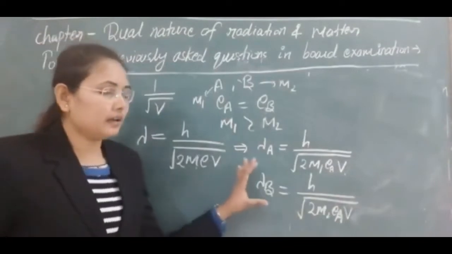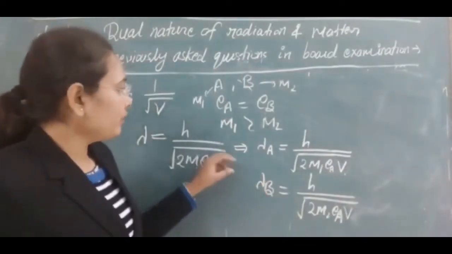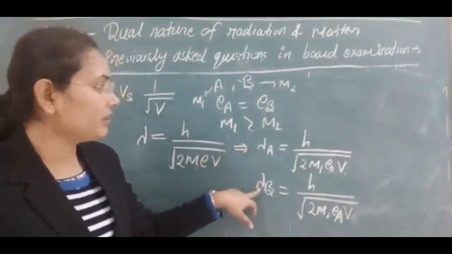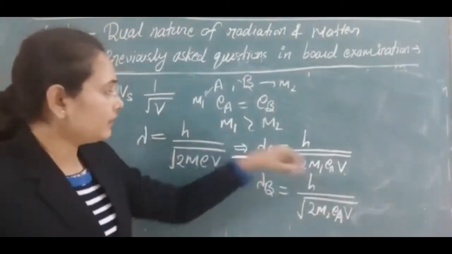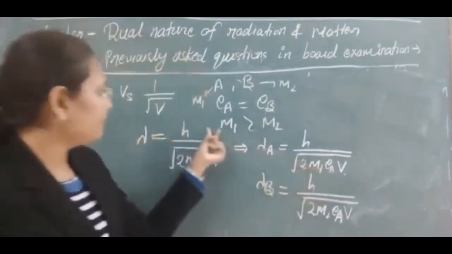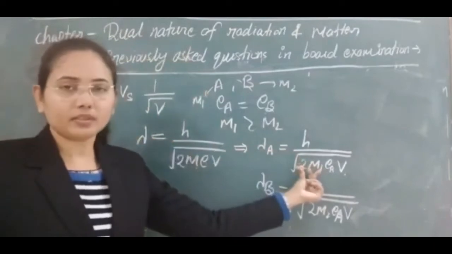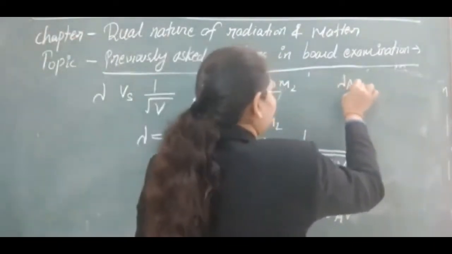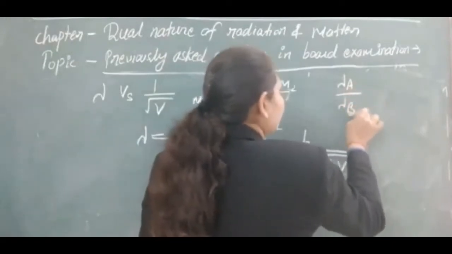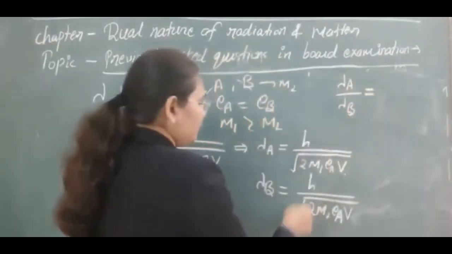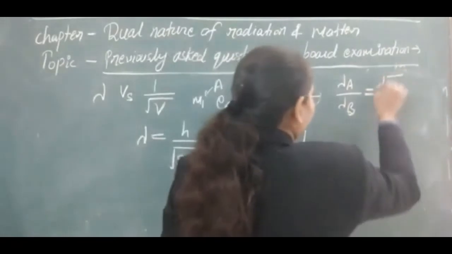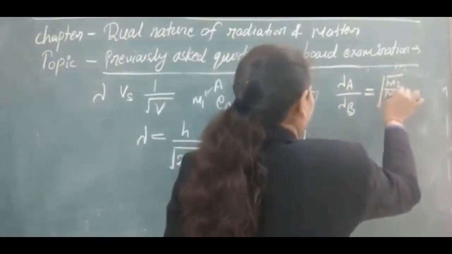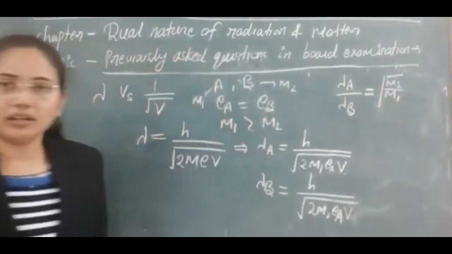If we take lambda A upon lambda B, this will be equal to root of m2 divided by m1, as all other quantities are equal.